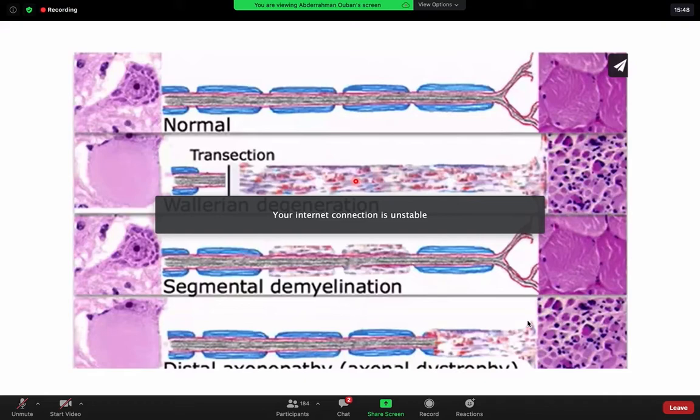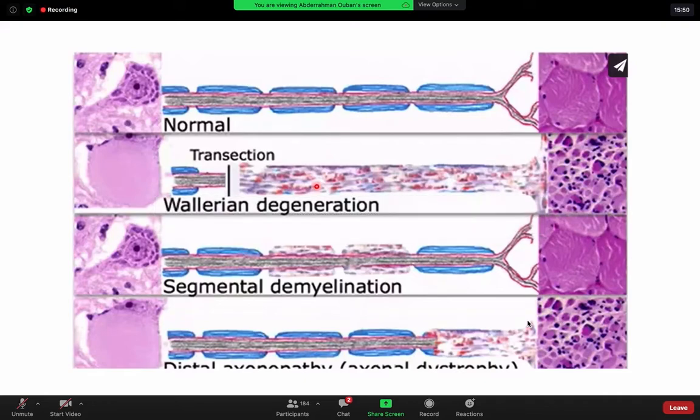Now, third from the top is the segmental demyelination. Segmental demyelination. So what is that? In this reaction, we see that the axon remains intact, okay? But the myelin is the one that is disintegrating, okay?